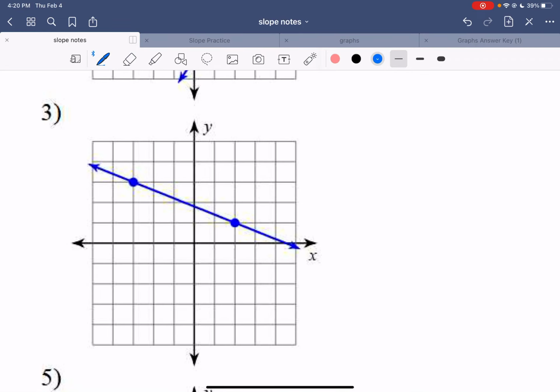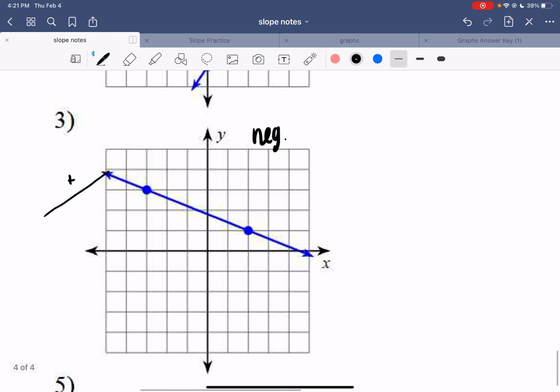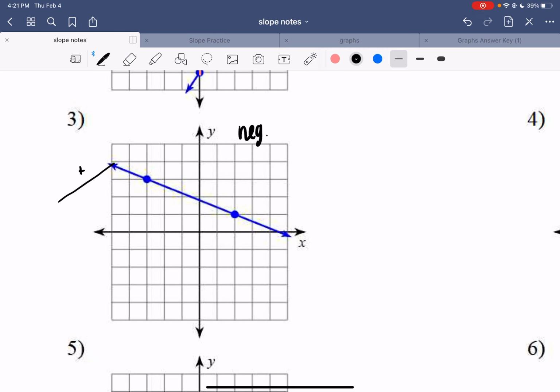Number 3. This is also, we see here, this would be a positive, and then it would be a negative slope overall. So we need to make sure our final answer is negative. And I'm going to again start with my left point here. And it looks like it's going to again be a fall, which is a rise. So it's a 1, 2.